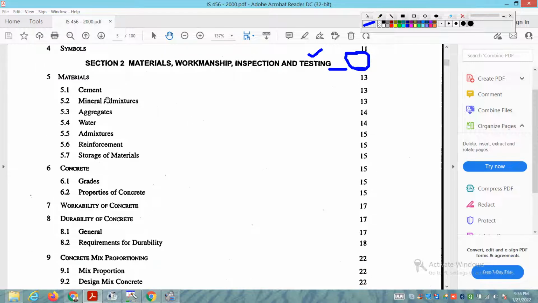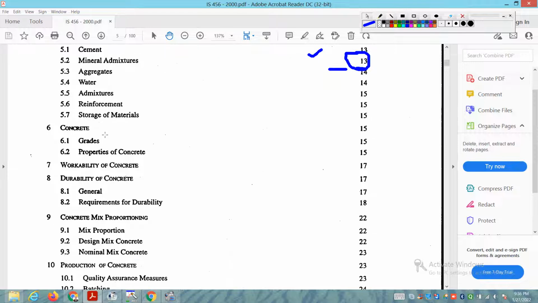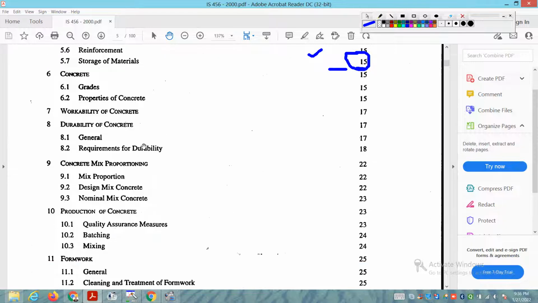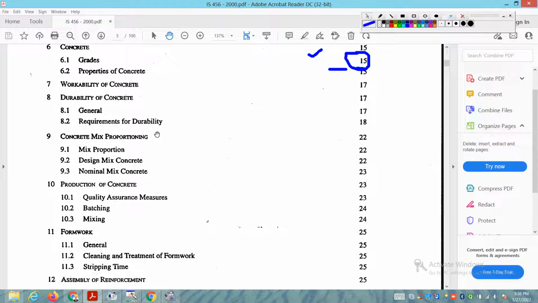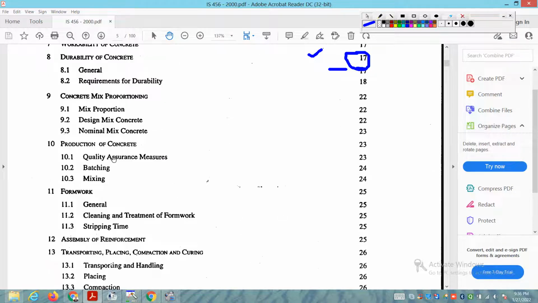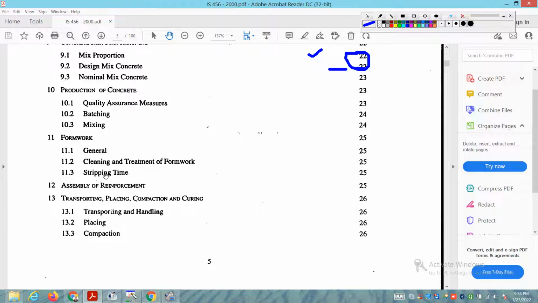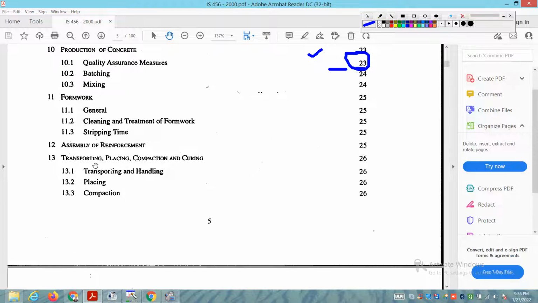In this they have included the standard practices to be adopted for materials, concrete, workability, durability of concrete, concrete mix proportioning, production of concrete, form work, assembly of reinforcement, transporting, placing, compaction and curing.